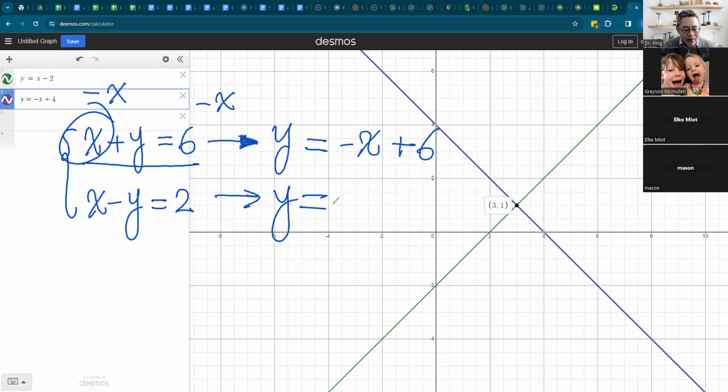Now for the second one, what is our equation? y equals what? Well, make sure how we move this to the other side, and also make sure of the sign.